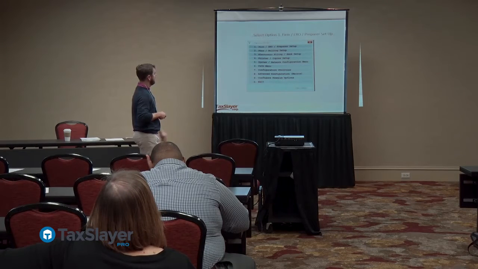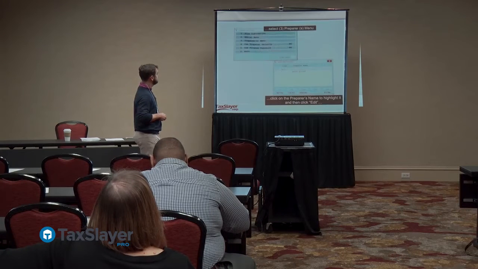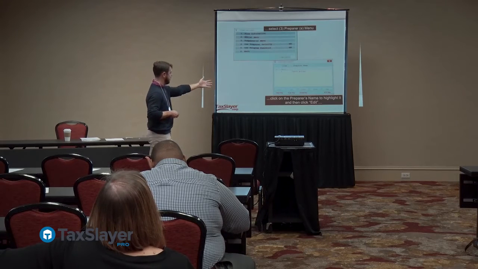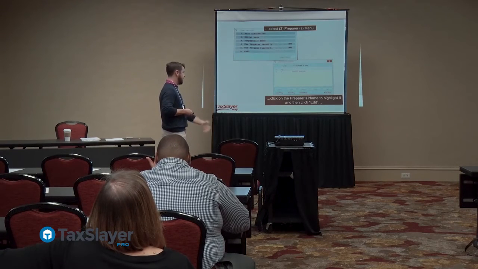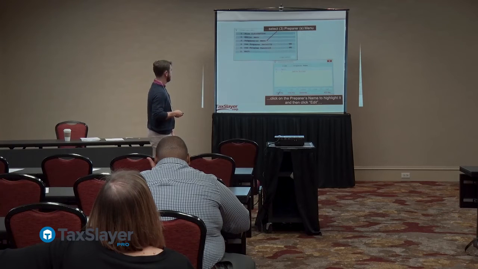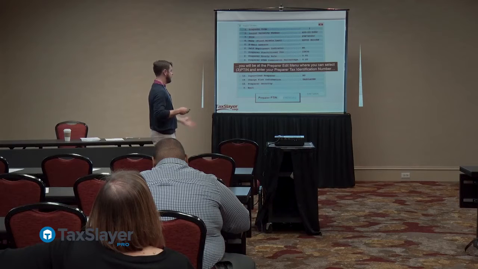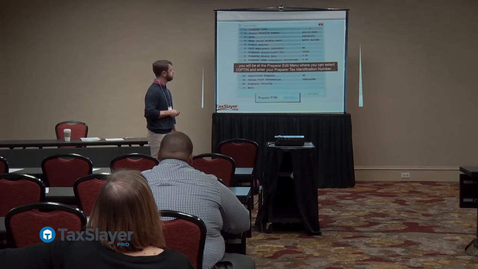Okay. Select option 1, which is the firm ERO preparer setup. Okay. Then you select option 3, which is your preparer menus. You'll go into the preparer, highlight the preparer, click edit. Okay. And you'll be at the preparer edit menu where you can select PTIN and enter the preparer tax identification number.